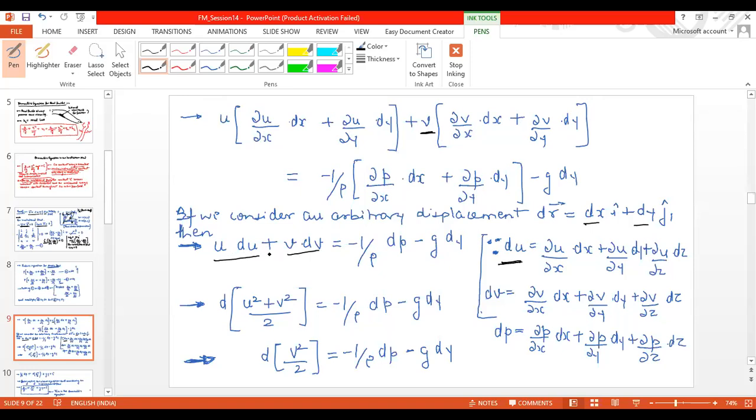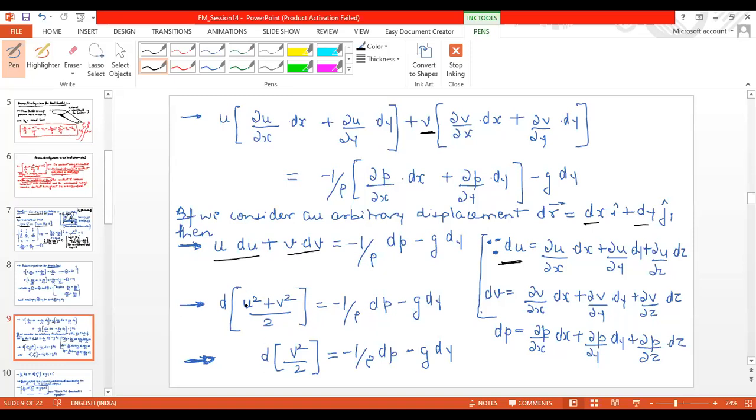Finally, if you take the total differential outside, this is u square plus v square by 2. If you differentiate this, you get 2u du plus 2v dv, nothing else. So again you reach the same equation: the total differential of u square plus v square divided by 2 should be equal to minus 1 by rho dp minus g dy.